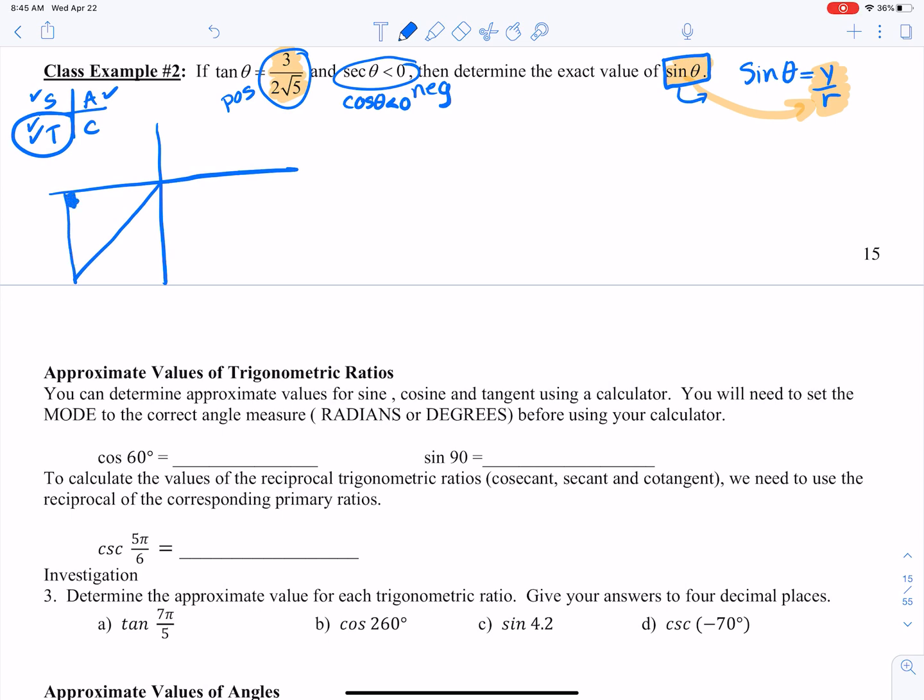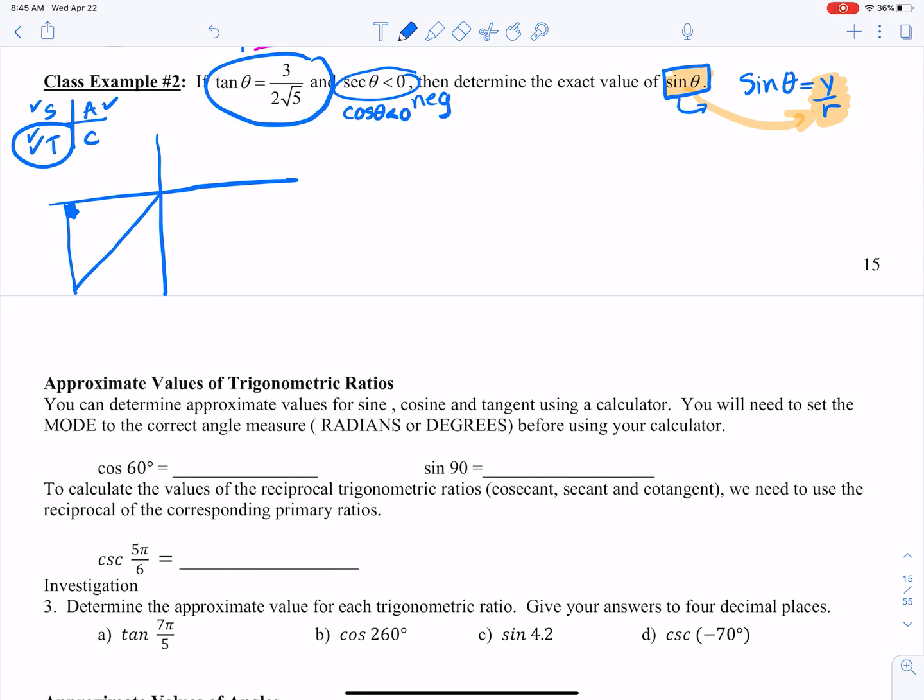All right, so I've got a triangle. Now, I'm going to go back to the ratio of tan of 3 over 2 root 5. I know that tan is equal to y over x. So this means my y is equal to 3 and my x is equal to 2 root 5. But hang on, in quadrant 3, they're both negative.